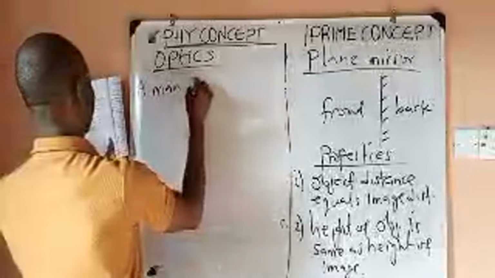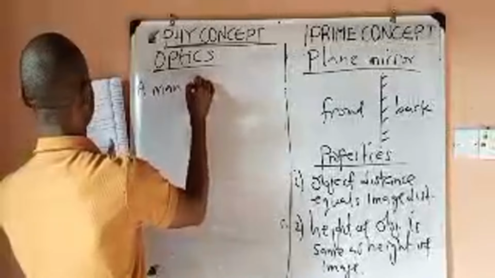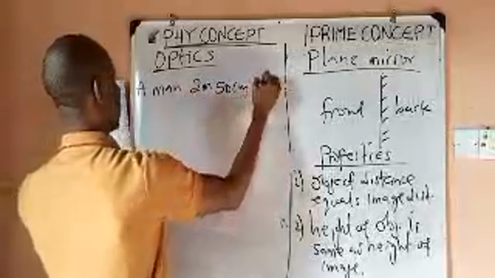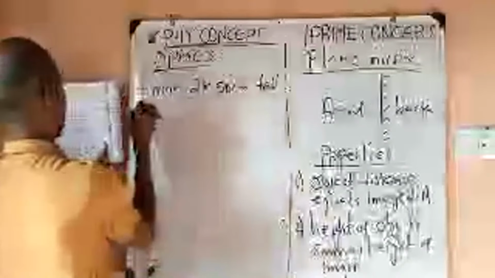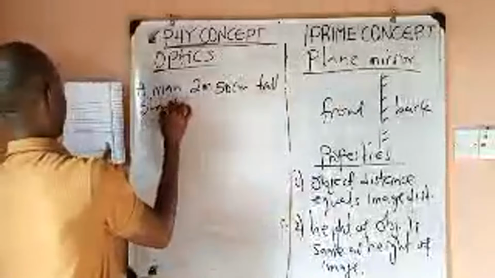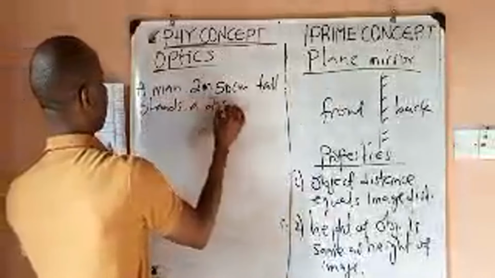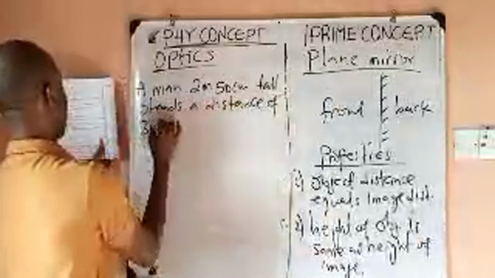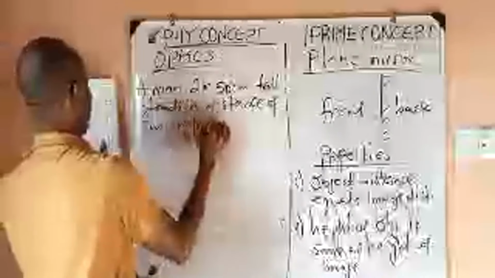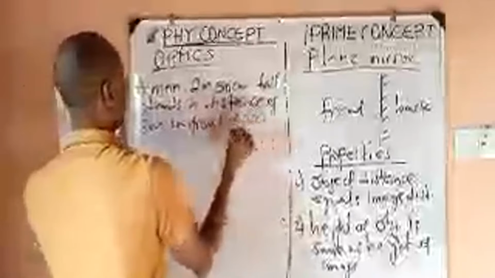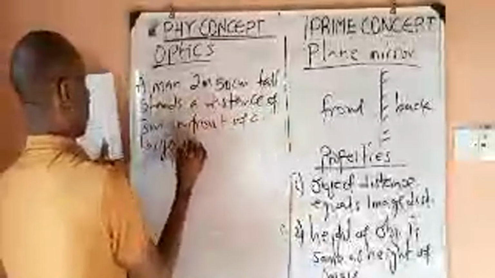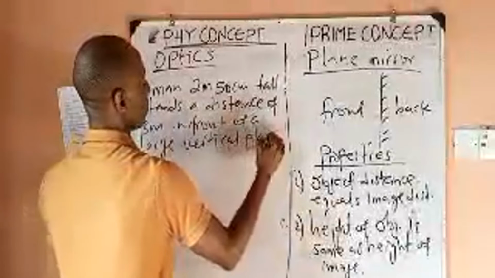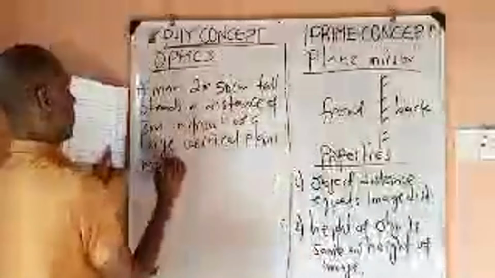Move on. Okay. A man 2 meter 50 cm tall stands a distance of 3 meters in front of a large vertical plane mirror.